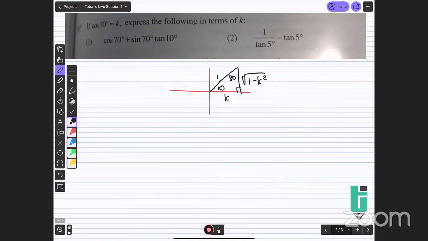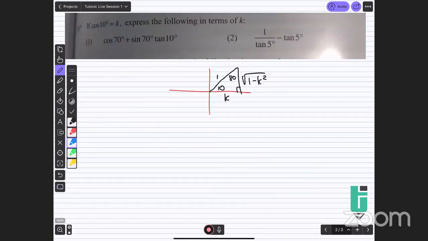But you guys don't know a tan double angle, right? No, we only did sine and cos. So can we convert this into sine and cos? What's 1 over tan 5 equal to?